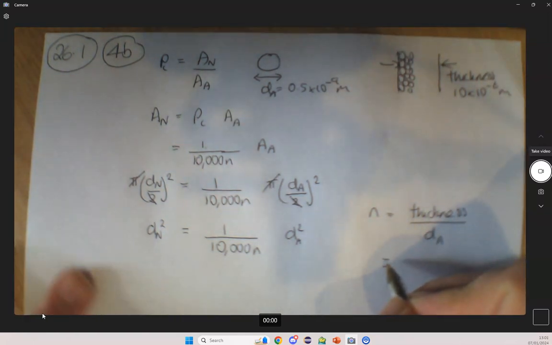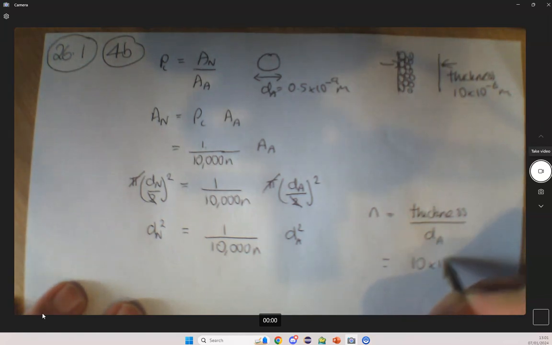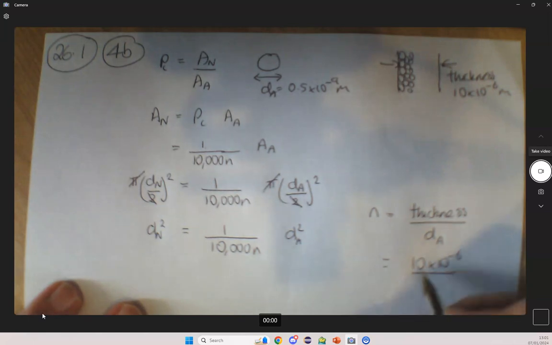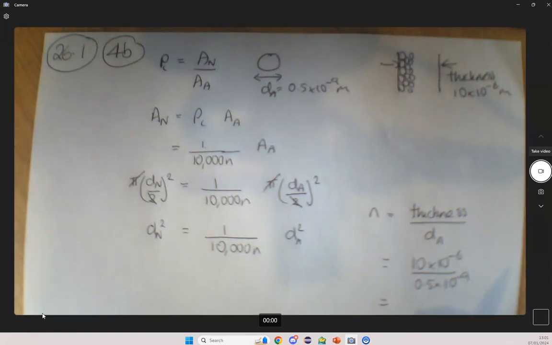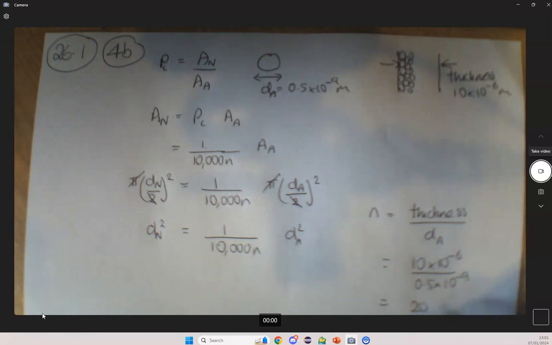The thickness was 10 times 10 to the minus 6 meters, and the diameter is 0.5 times 10 to the minus 9 meters. That gives me 20 times 10 to the 3 rows, or 20,000 rows.